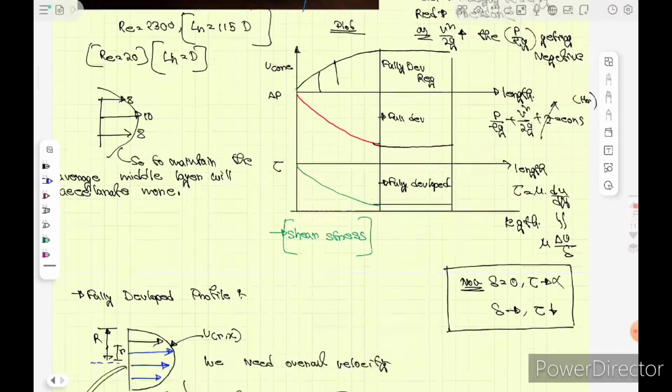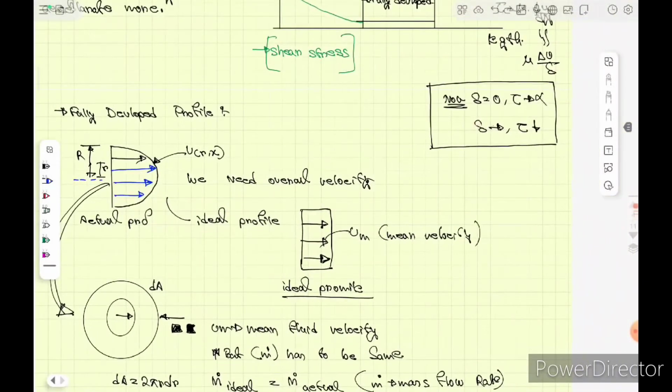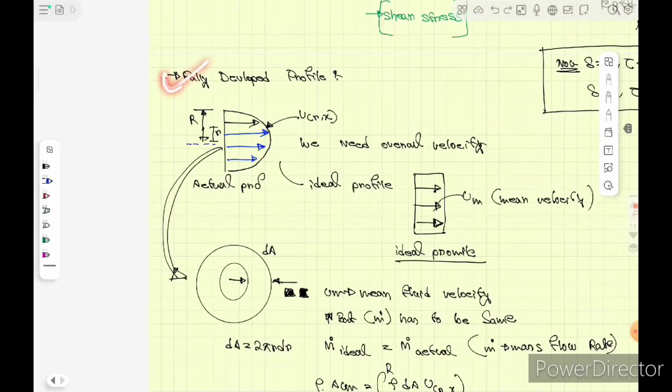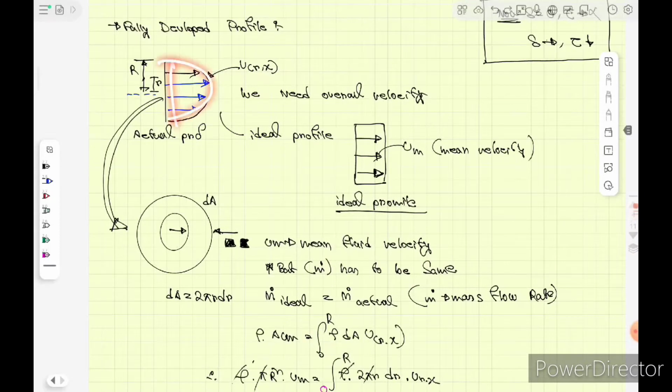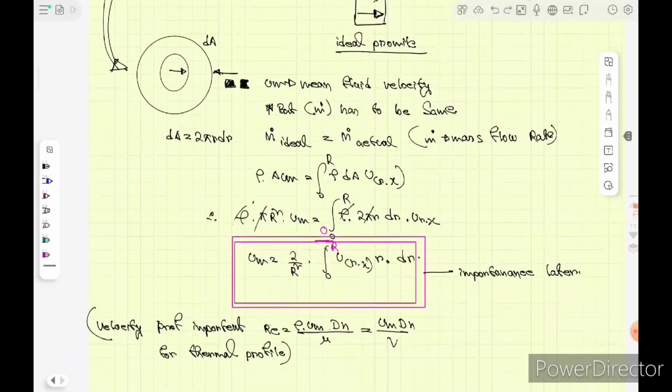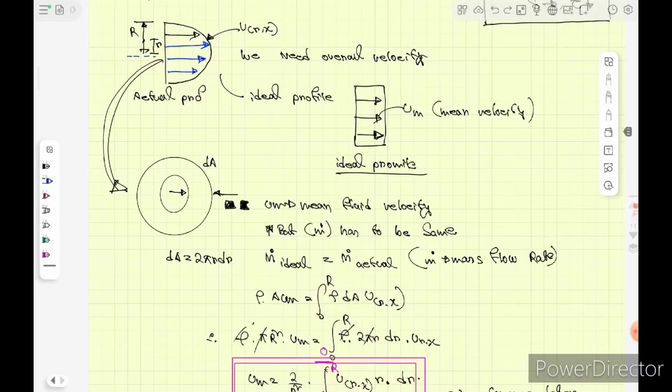And now fully developed flow, what we can see in this picture. We need the overall velocity, and the ideal profile is the mean velocity. We can see it with the arrows, but the ideal profile is for a circular pipe, no? So for the circular pipe, this is the outer part, and we take the mean velocity, but m dot has to be the same, because whatever velocity we take with the ideal, it has to be the same.